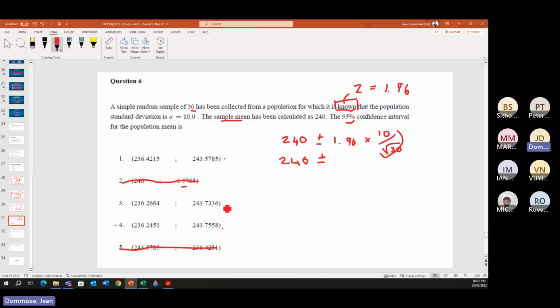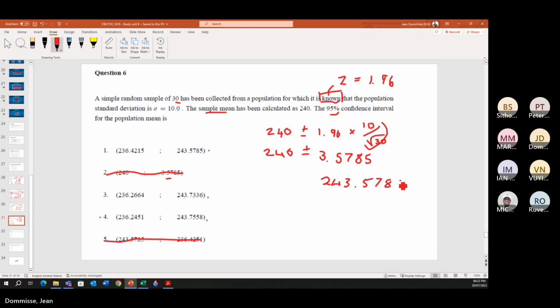So on the top side, would add the two together. So on the top side will be 243.5785.